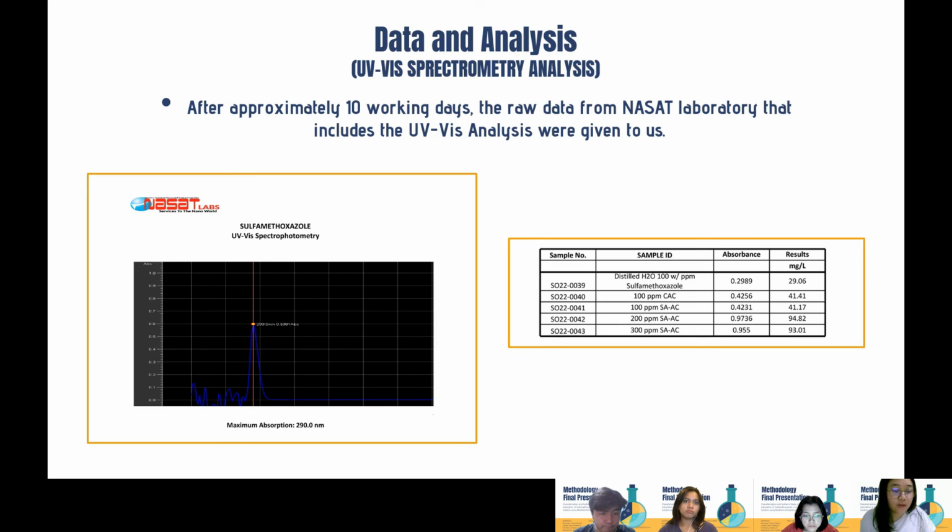In the graph, the x-axis corresponds to the wavelength in nanometers, and the y-axis corresponds to the absorbance. As shown, the maximum absorption was reached at 290 nanometers and 0.5981 absorbance.